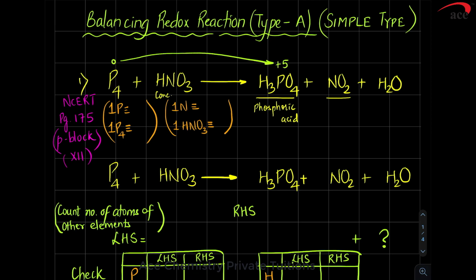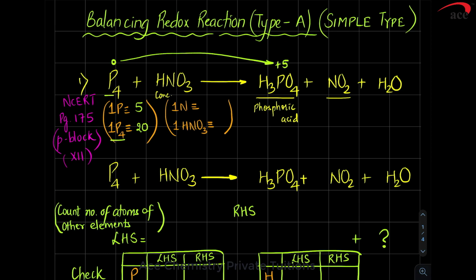So, a single phosphorus atom goes from 0 to +5, a change in oxidation state of 5 for one phosphorus. But as a reactant we are not dealing with one phosphorus, we are dealing with a P4 molecule, made up of 4 phosphorus atoms. So, the total change in oxidation number is 20.